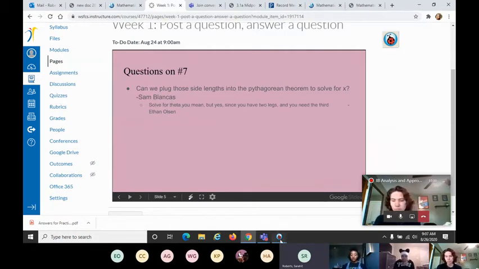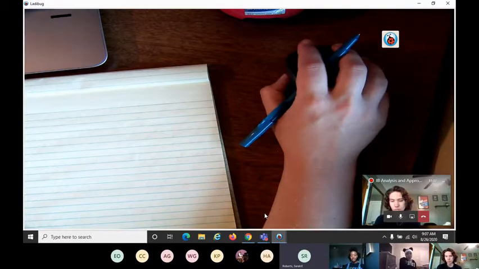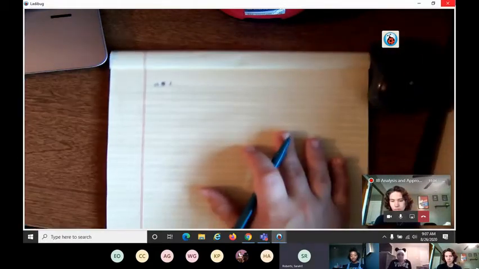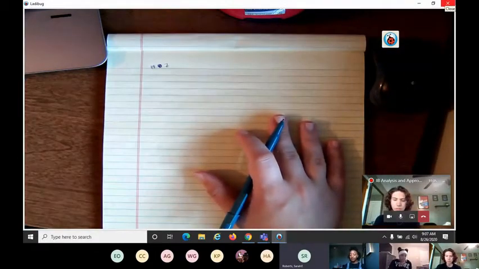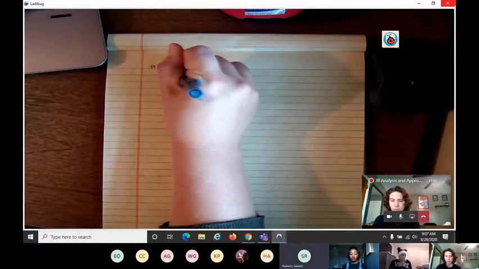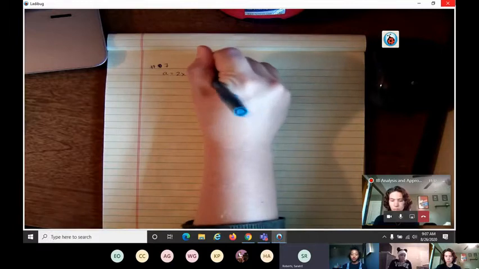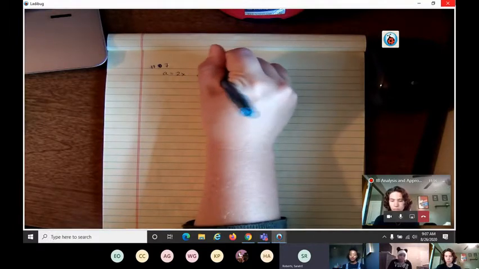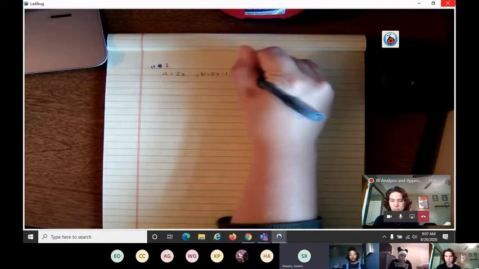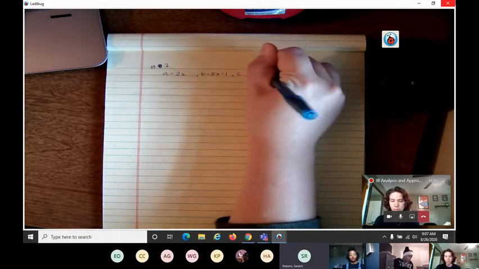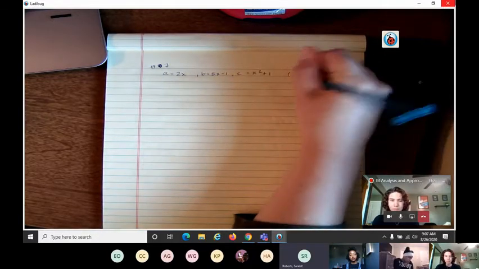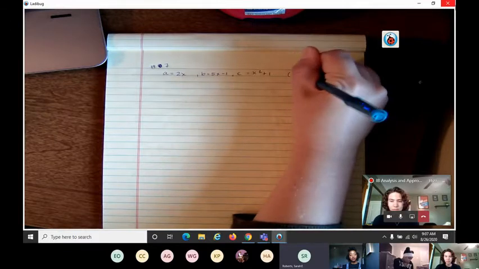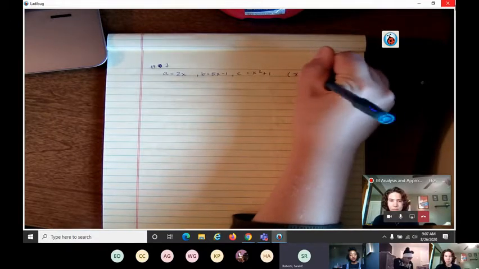Okay, so let's go ahead and get started with talking about this problem. Number 7 gives us that A is 2x, B is 5x minus 1, C is x squared plus 1, and this little symbol where it says x is in Z with the double bar.